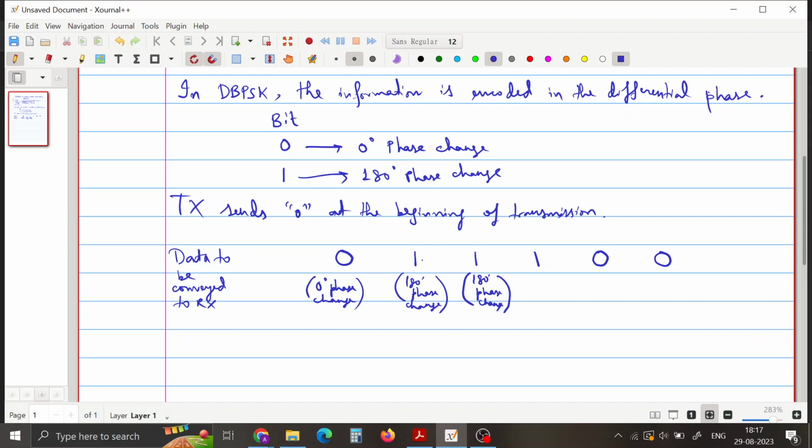When I encounter a 1, I change my phase. So my phase becomes 180-degree from 0-degree. Then I encounter another 1, my phase becomes 360-degree from 180-degree, and so on, 540-degree, like that. And this is again 0.